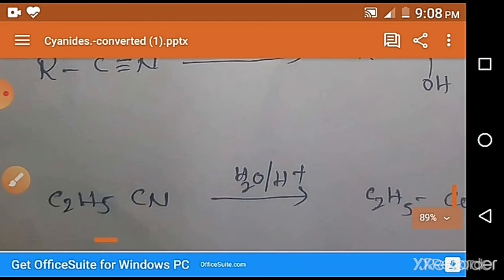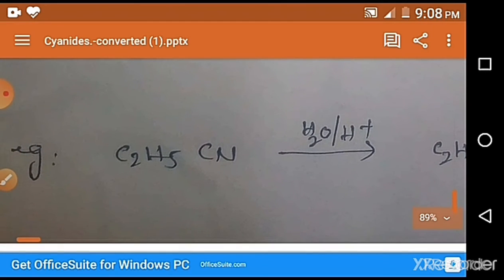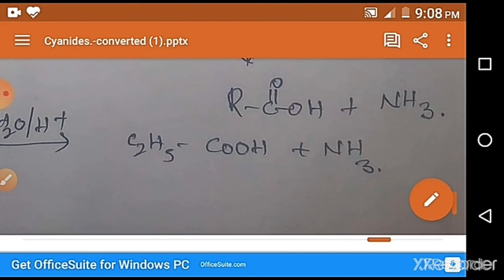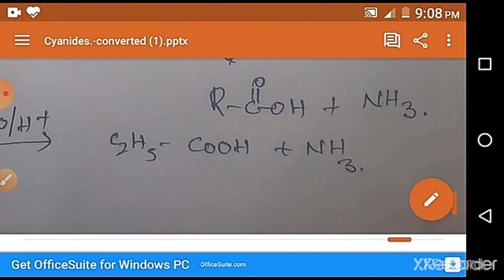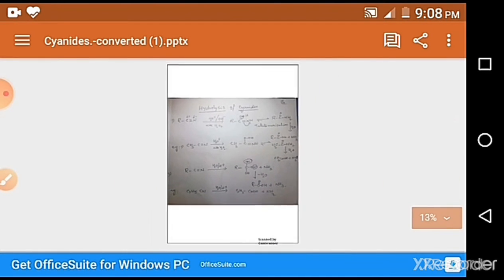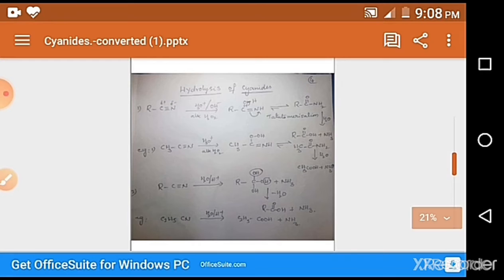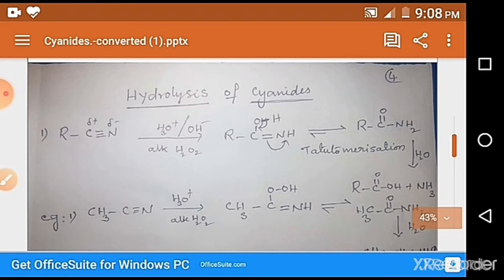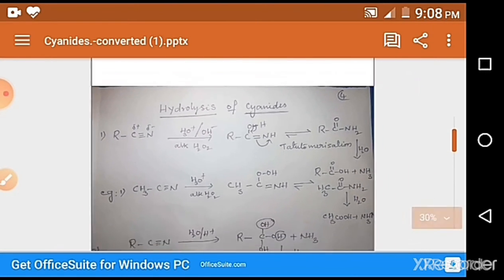Hydrolysis of cyanides. For example, this one is propionitrile. This propionitrile on acidic hydrolysis gives propanoic acid and ammonia. So this way we prepare acids from cyanides by hydrolysis.